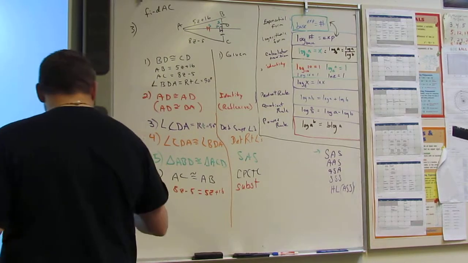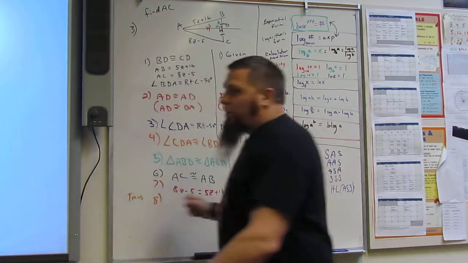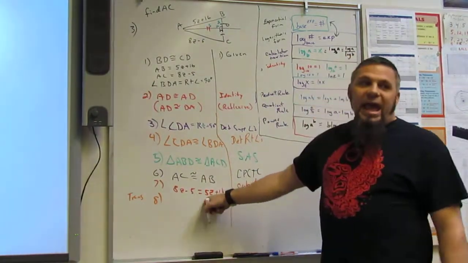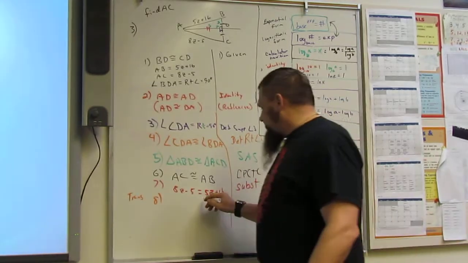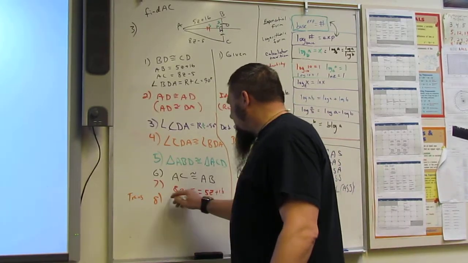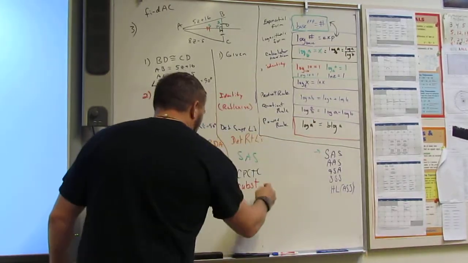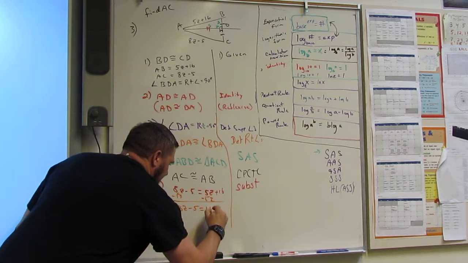This is where we would move the 5Z. So we would add the opposite: minus 5Z. Minus 5Z on both sides, and we would get 3Z minus 5 equals 16, right?